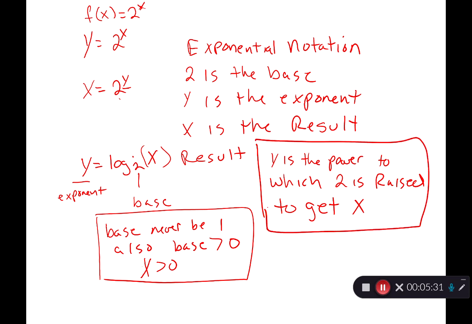And this is something, once again, that I certainly want you to remember, because it's one of those things that is going to help you change things from exponential to logarithmic form, as well as from logarithmic to exponential form.